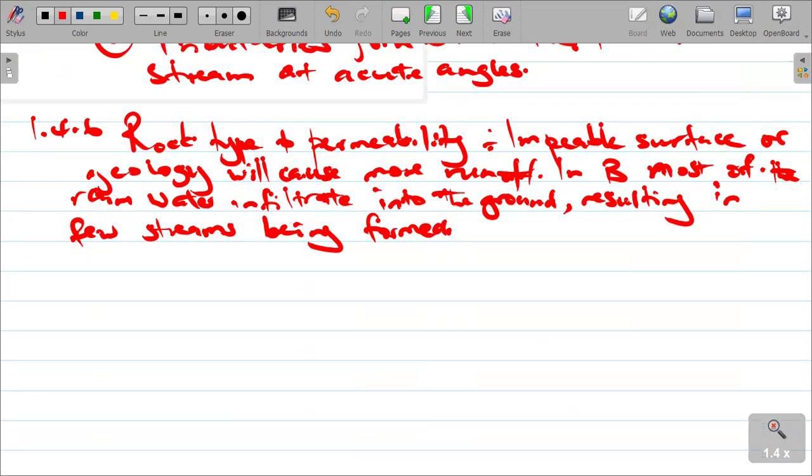The gradient can also be a factor affecting drainage density.